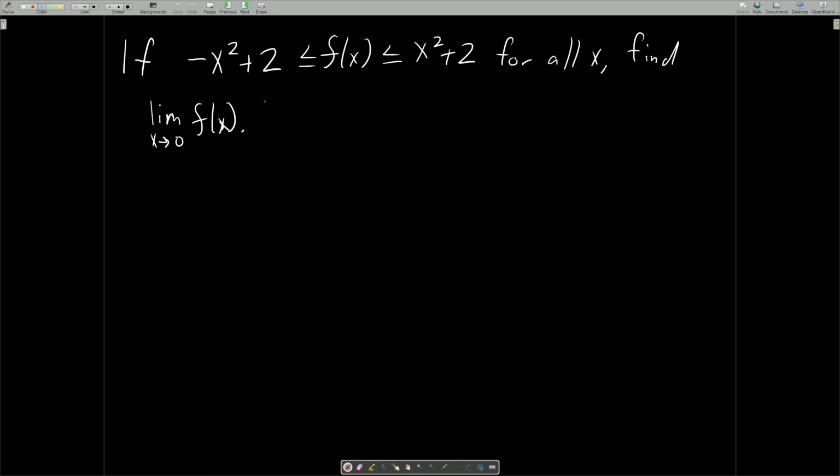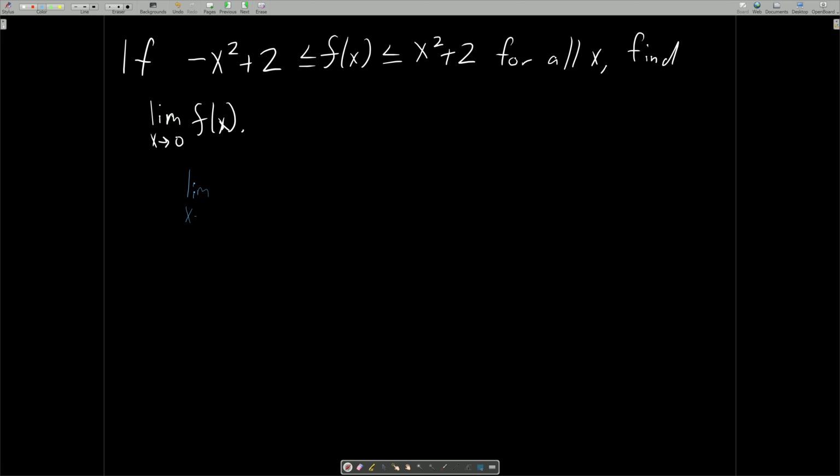If negative x squared plus 2 is less than or equal to f of x, which is less than or equal to x squared plus 2, for all x, find the limit as x approaches 0 of f of x. Notice that it doesn't give you what f of x is, it just says it's between negative x squared plus 2 and x squared plus 2.